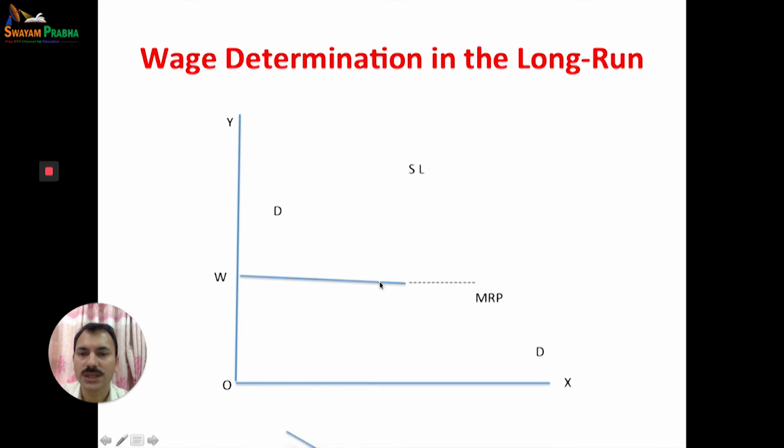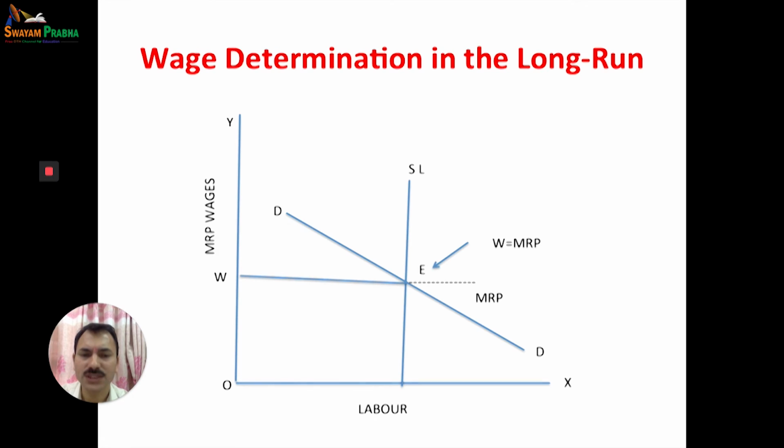Now see, in perfect competition we know that the price is determined through the demand and supply of market forces, not by the firm. The firm is a price taker. The price is fixed by SL, the supply of labor, which is constant, and this is the demand.